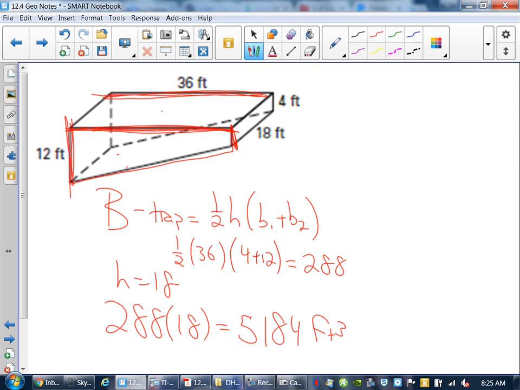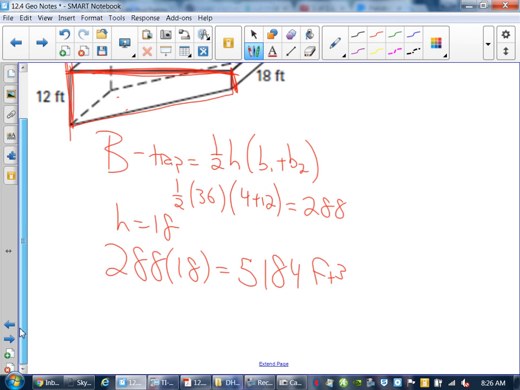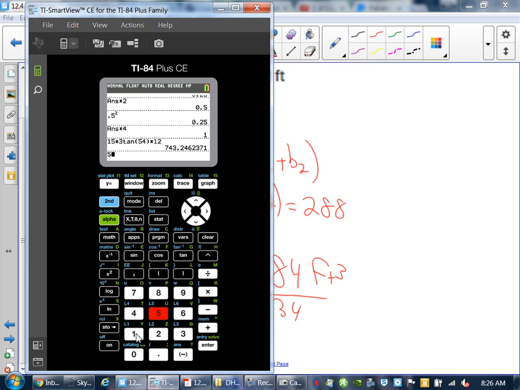All right, so 1 gallon is 0.134 cubic feet. So you divide this by 0.134. So it is 38,686 and a half gallons of water to fill that thing up.